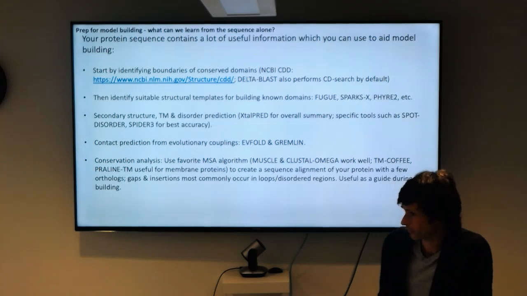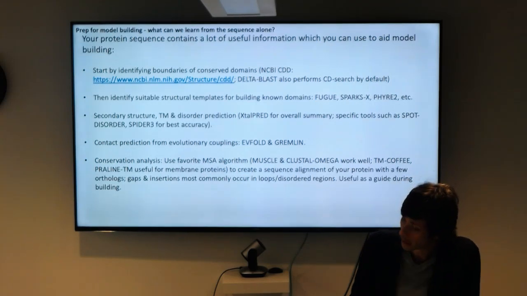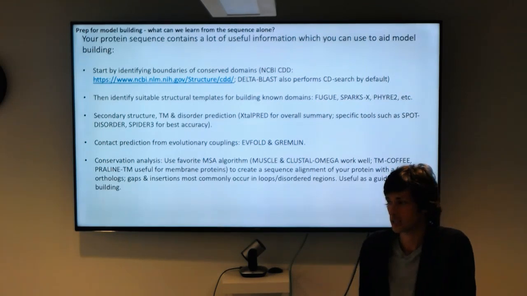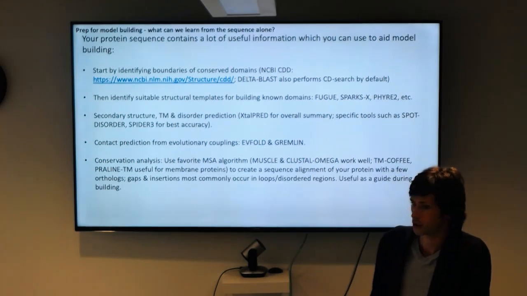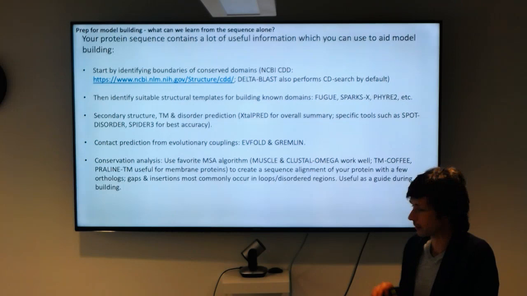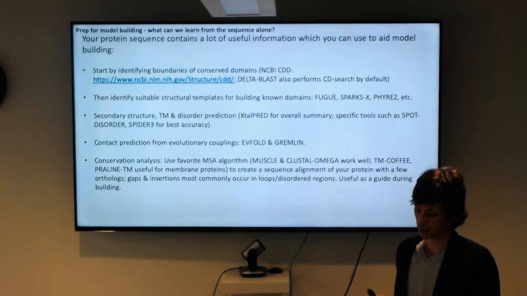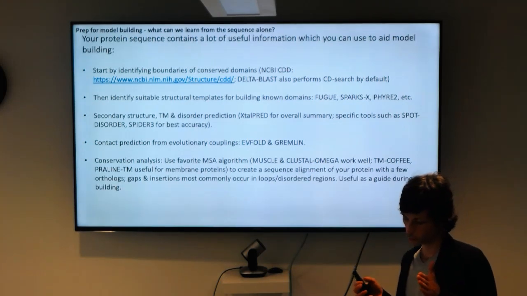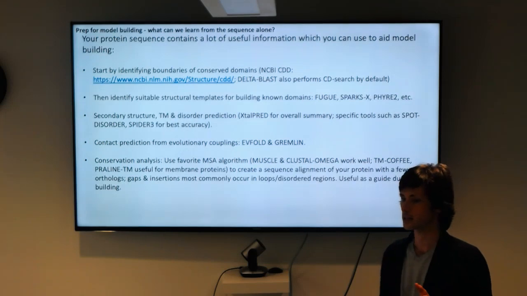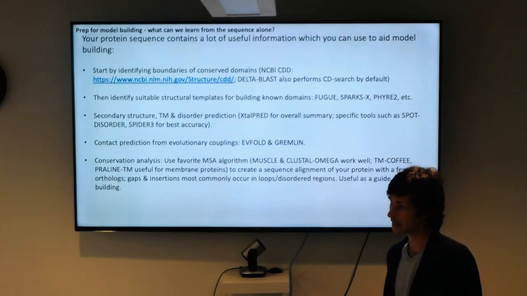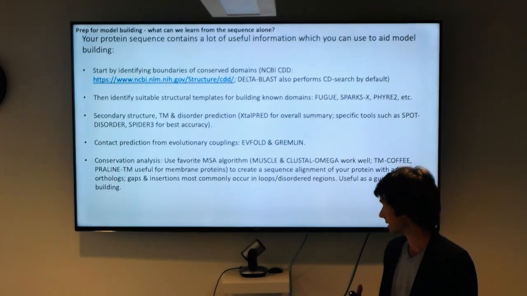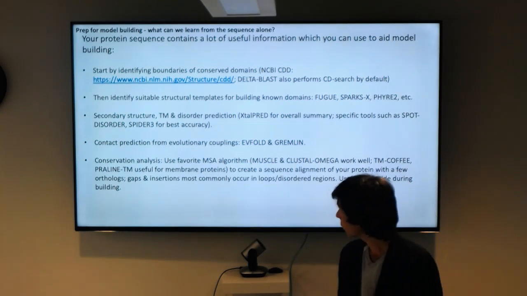Generally, I'll do this using the Conserved Domain Database from NCBI, which you can also access using Delta BLAST. If you search your sequence using Delta BLAST, it will try to identify any conserved domains for which there are already structures solved.